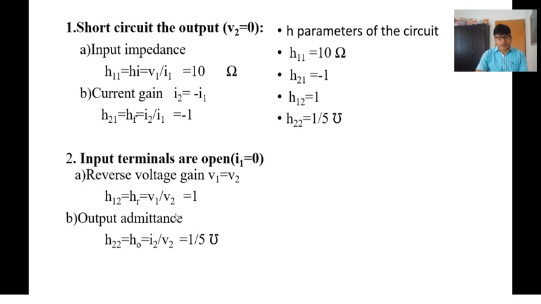And now the output admittance can be calculated as I2 by V2.